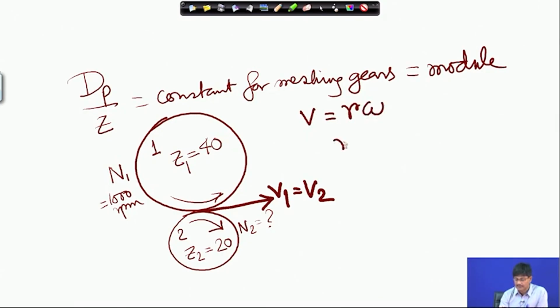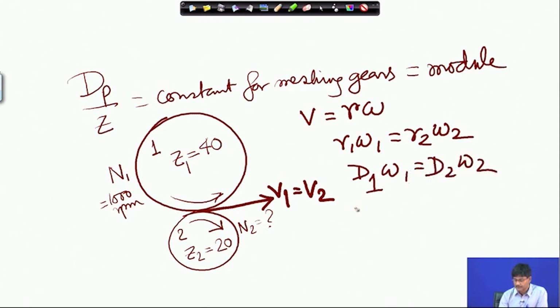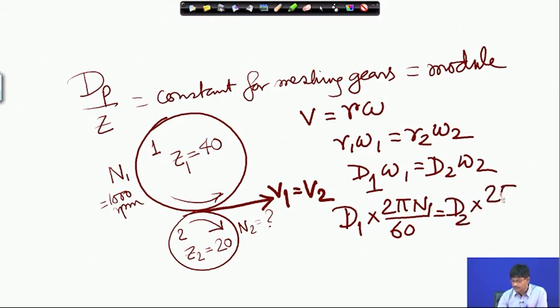So, naturally, we have R1 omega 1 equal to R2 omega 2, and for our convenience, let us replace R by D: d1 omega 1 is equal to d2 omega 2, which means d1 into, and we replace omega by 2 pi n by 60, equal to d2 into 2 pi n2 by 60.